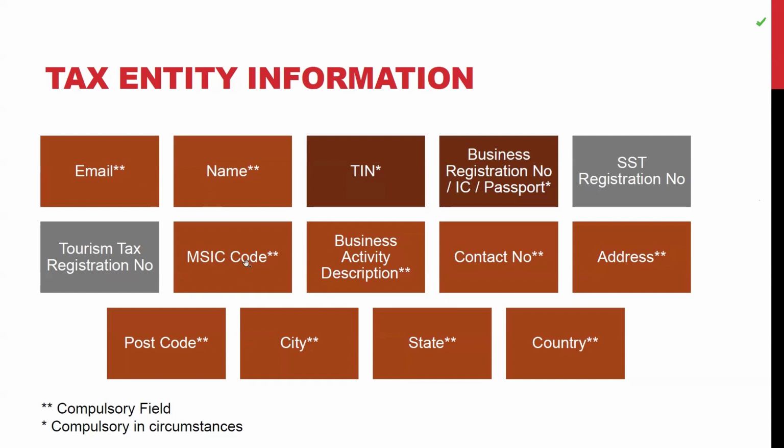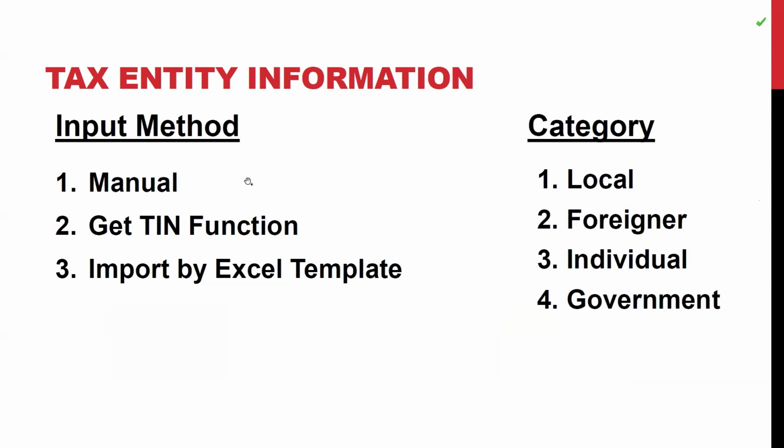The MSIC code, for customer and supplier, maybe not so important. That is 150, you can put as not applicable. Then this one is the contact, address, postcode, all these things. Then this one is the input method, how you can key into the system, and the category we might involve.